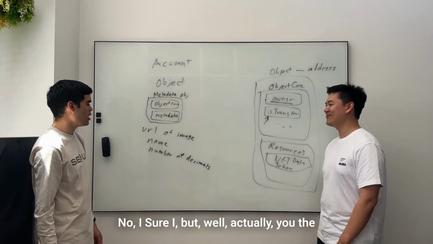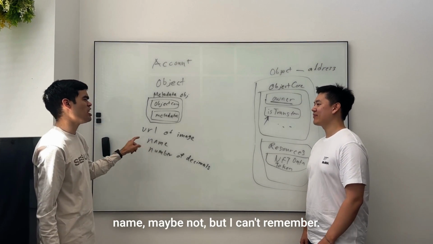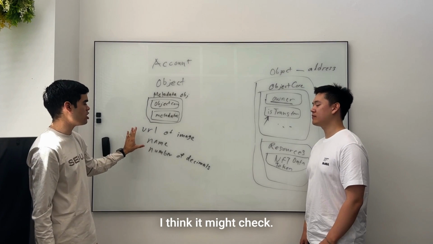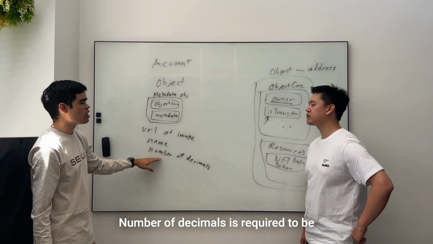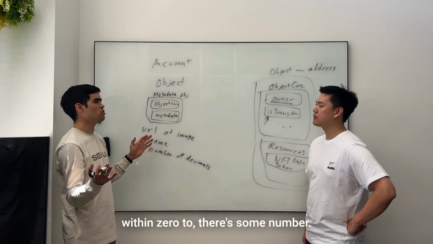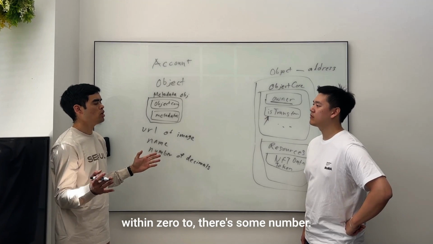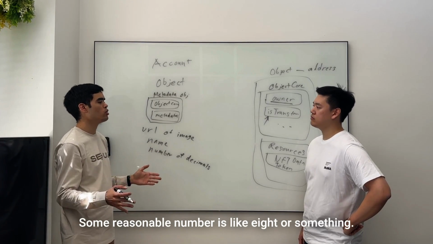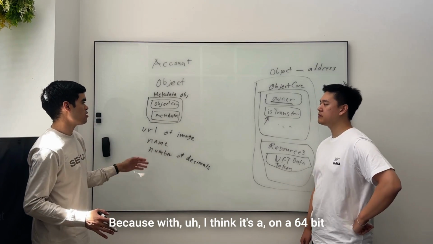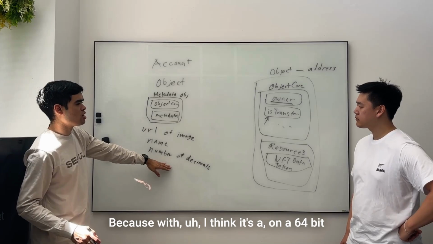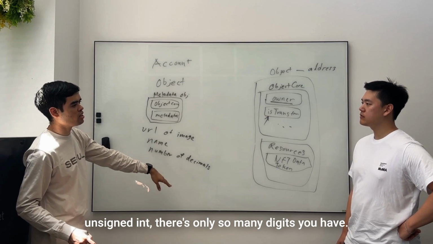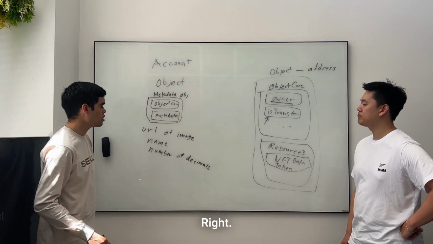Sure. But well, actually, the name maybe not. I can't remember. I think it might check. Number of decimals is required to be within 0 to some number, like some reasonable number, like 8 or something. Because I think it's on a 64-bit unsigned int, there's only so many digits you can have.